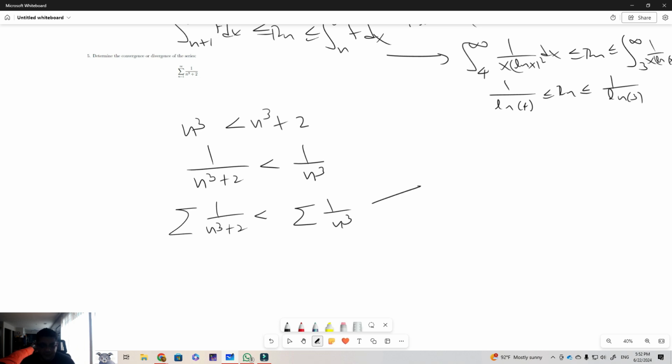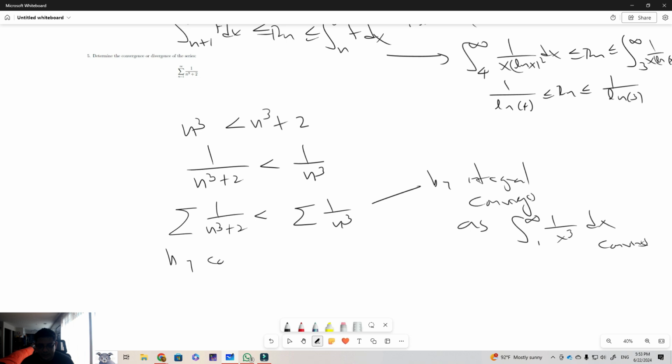And we know that this, by the integral test, converges. And you can say the integral from 1 to infinity of 1 over x cubed dx converges. And so by comparison, then I have that this one converges.